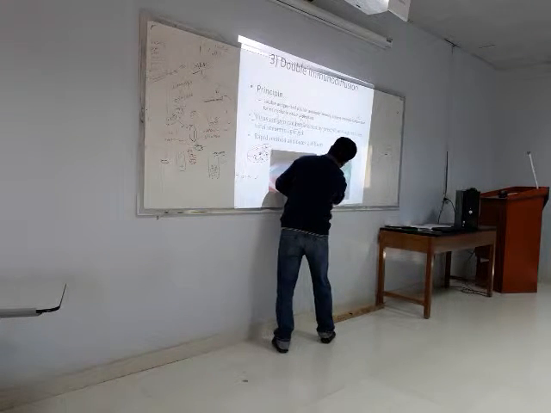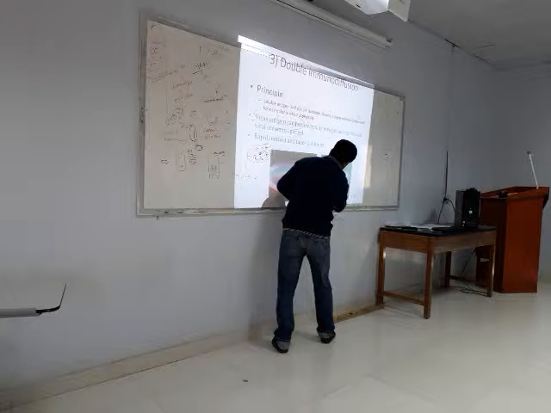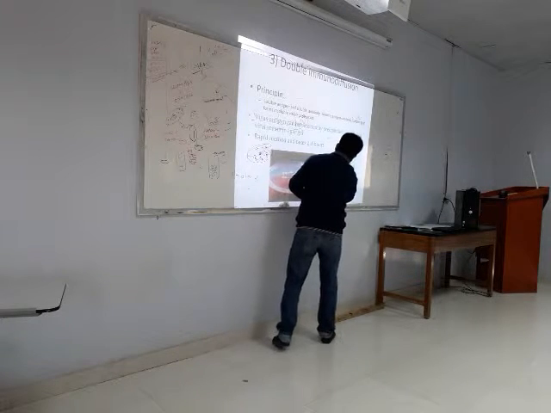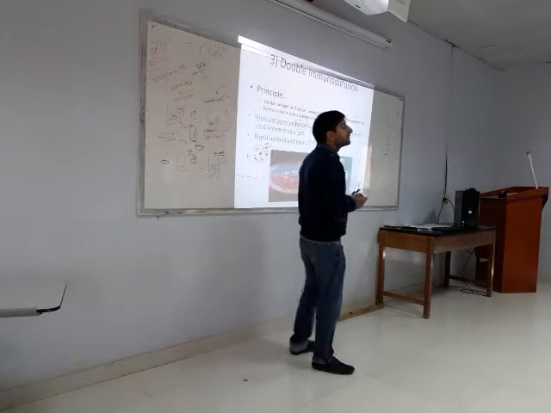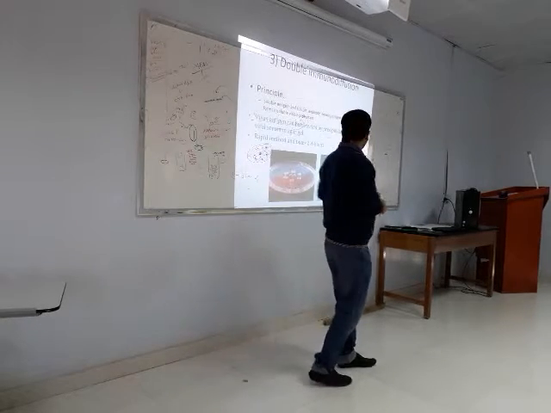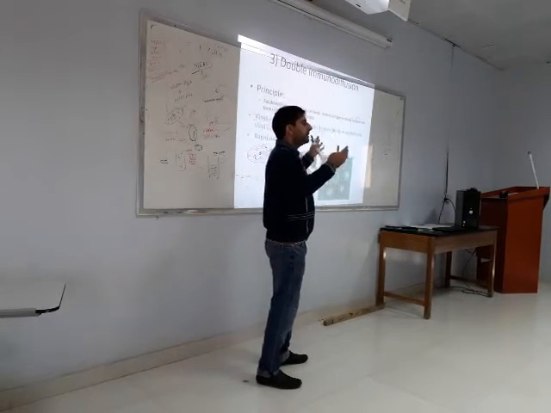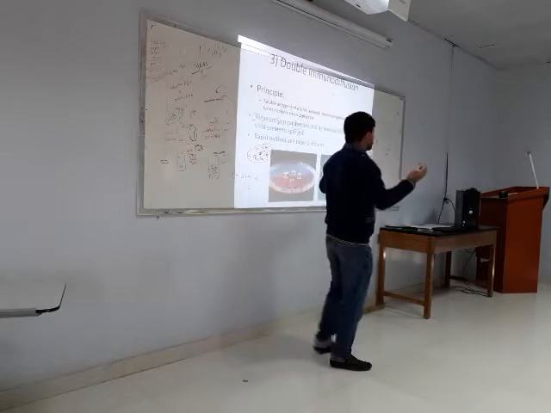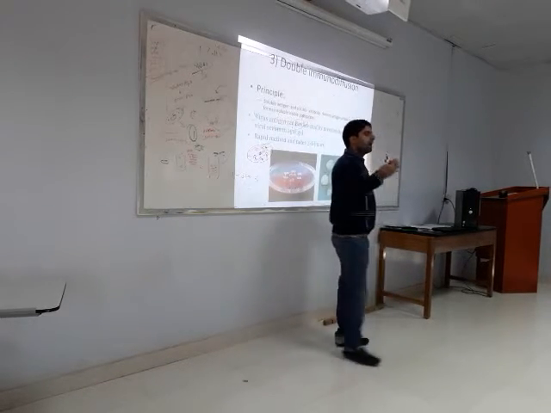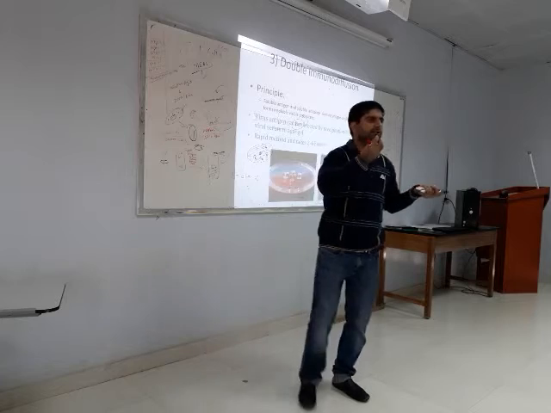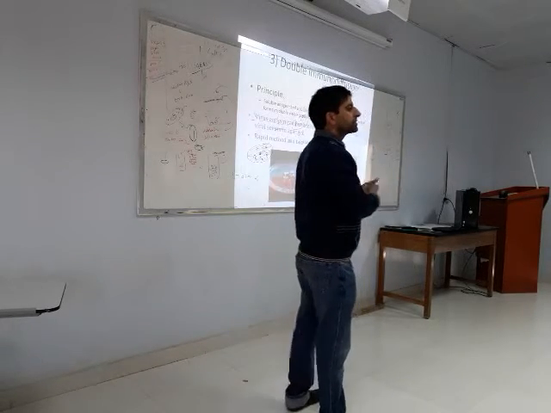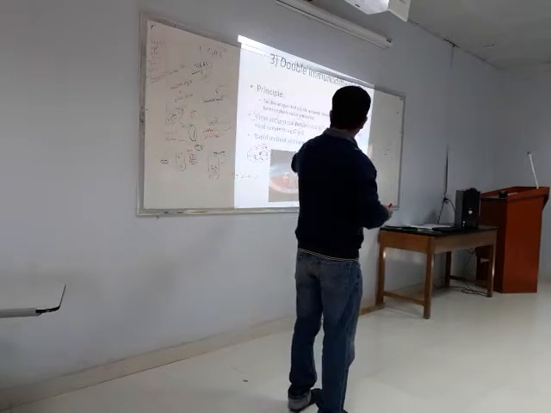You see the antigen coming from here, antibody here, and this is the line of the antigen. It gives you the result. This is called immunodiffusion. It takes 2 to 6 hours. This is also called the Ouchterlony test. Ouchterlony was the name of the person who developed this test.